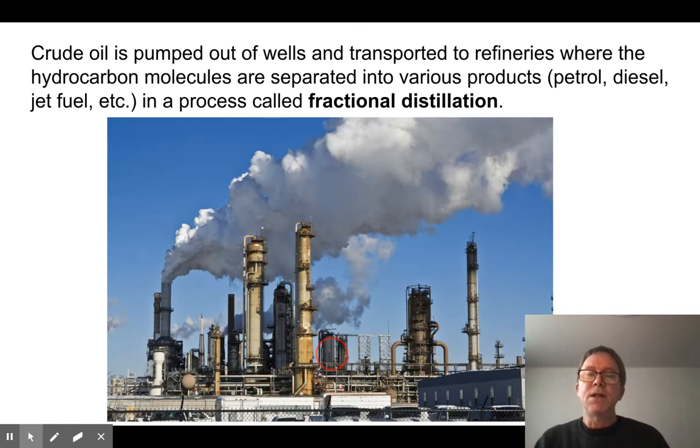Now, the thing about crude oil is it needs to be separated into different components in order to be usable, mostly as fuels, but also for solvents and things like that.